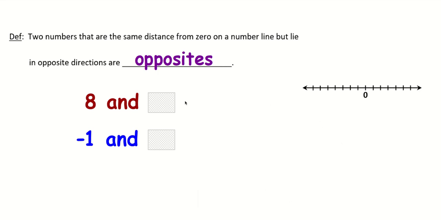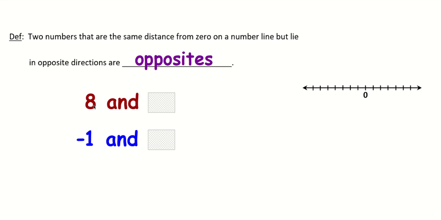I predicted this correctly, that we would be officially talking about the word opposite when it comes to mathematics. So if two numbers have the same distance from 0 on a number line, they are opposites. So what's the opposite of 8? I hope this fancy, it's not even that fancy, textbook definition isn't confusing you at all.